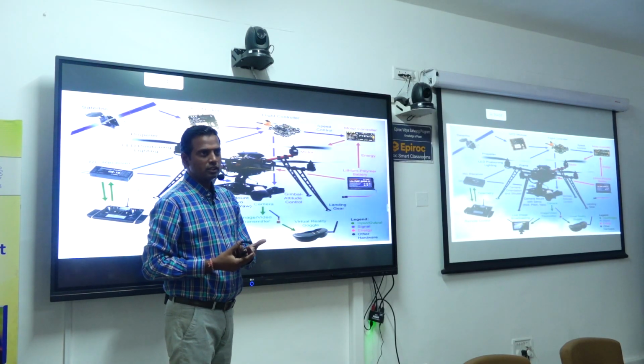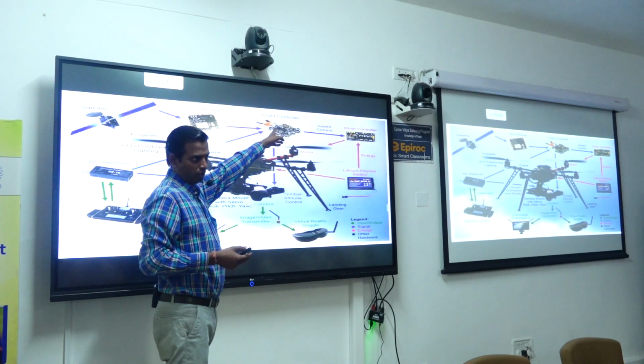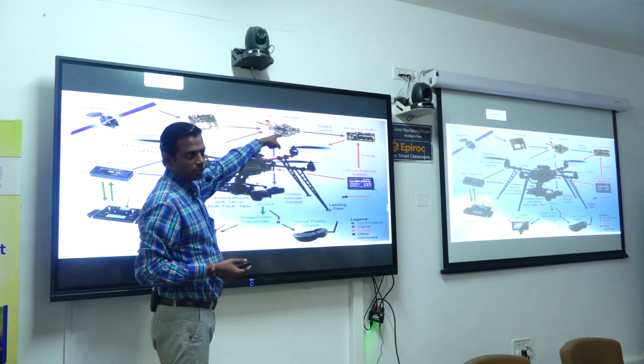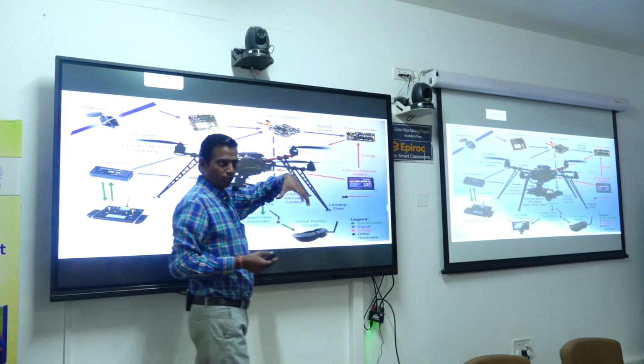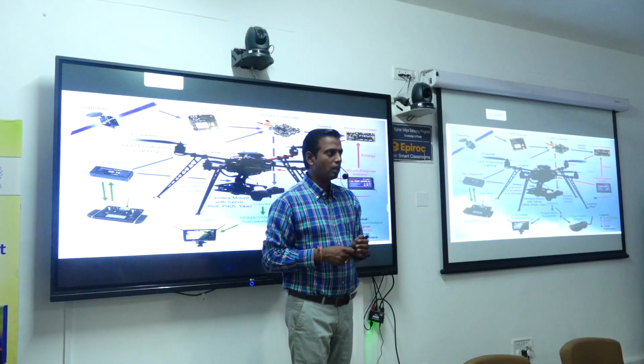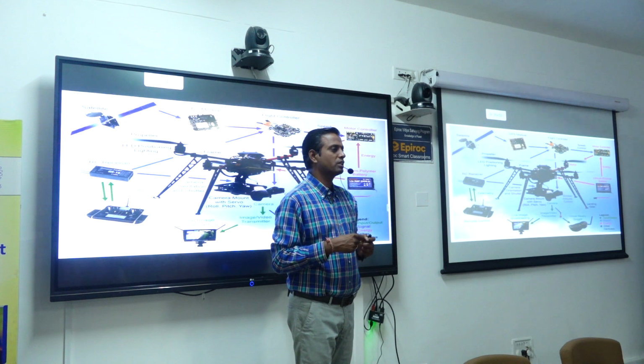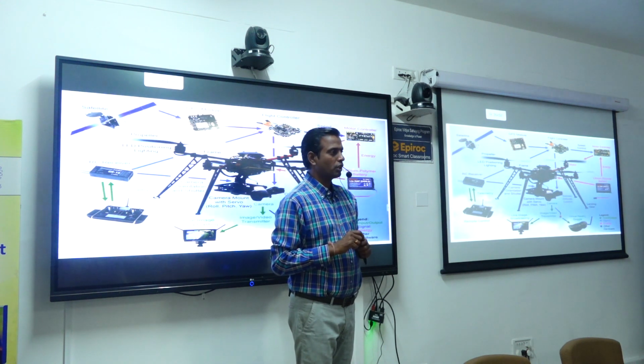We are receiving the GPS signals through the GPS module which is kept in the master controller, the flight controller, and it will receive the signal. Now what is the need of the GPS signal? Especially in the case of radar kind of scanning, we require the X, Y, Z of the particular position on the ground.